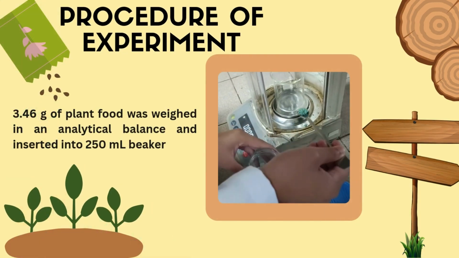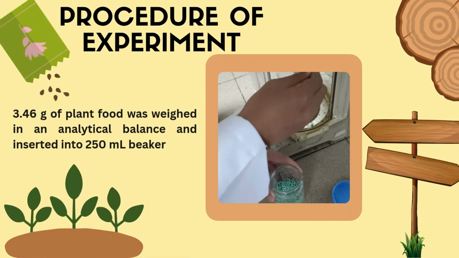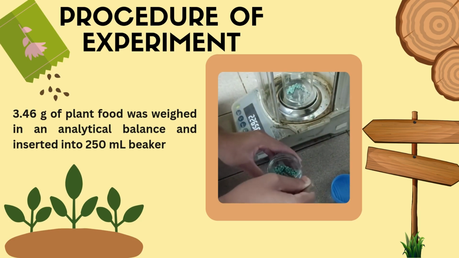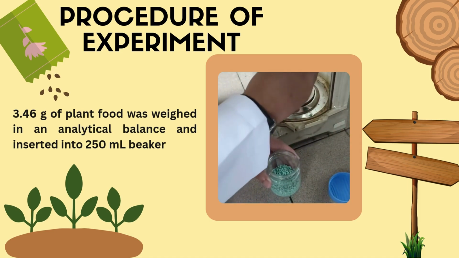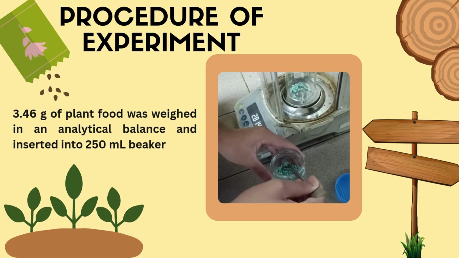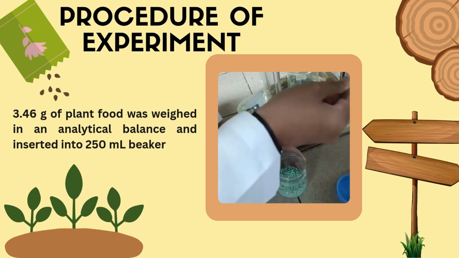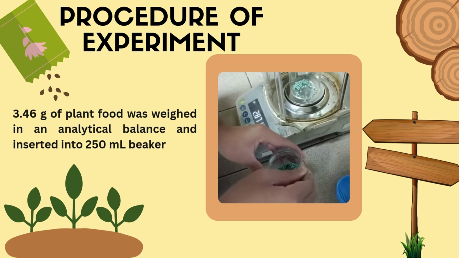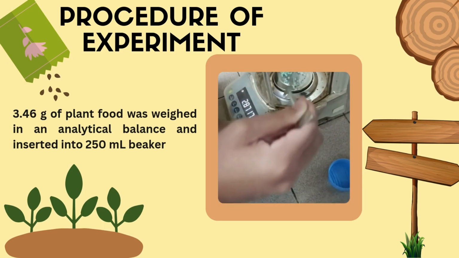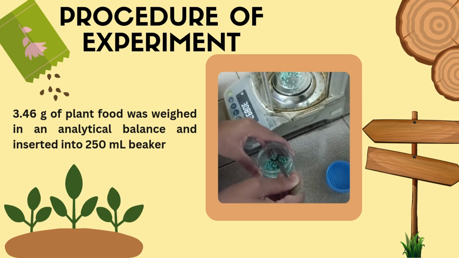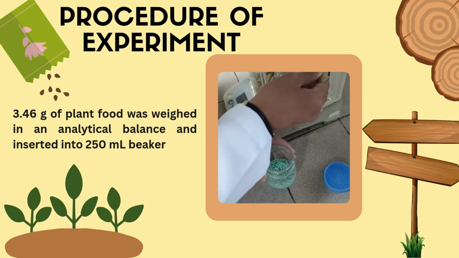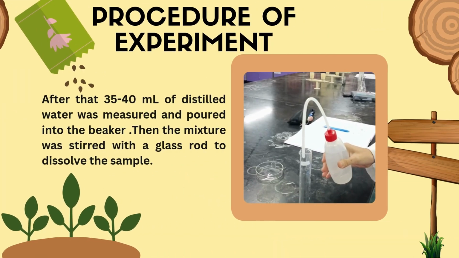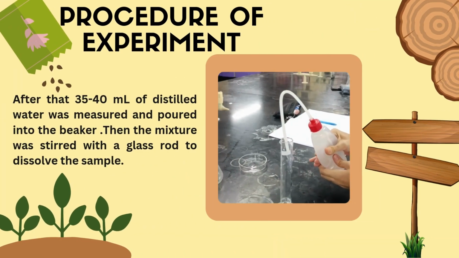The first step is 3.46 grams of plant food was weighed in an analytical balance and inserted into a 250 milliliter beaker. After that, 35 to 40 milliliters of distilled water was measured and poured into the beaker.